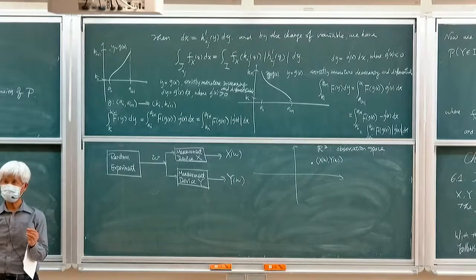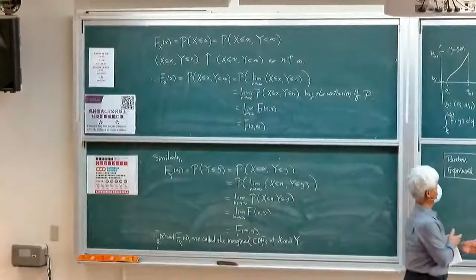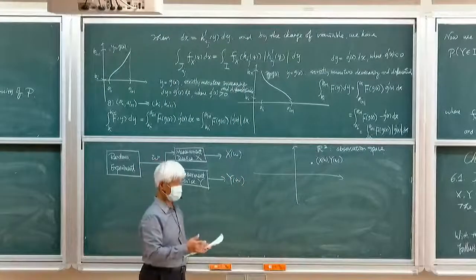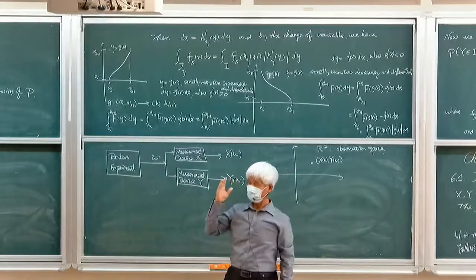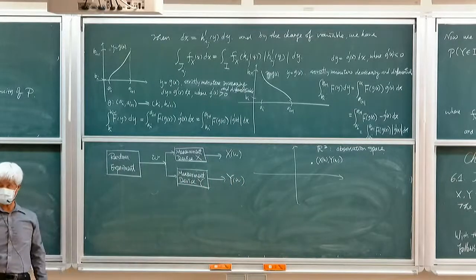Now we frequently ask for events defined by the joint measurement result. Okay, and for a single measurement, a single random variable x, we want the value to be in a certain interval, right, to be an event of interest.